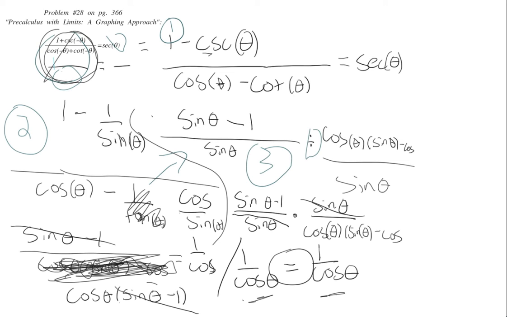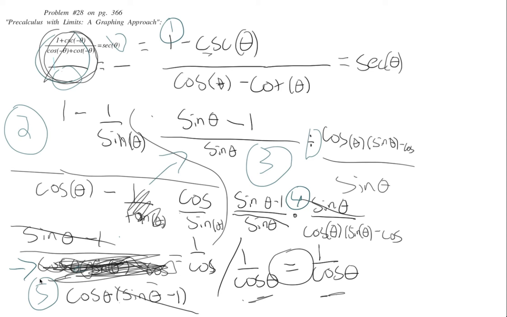Then we did the reciprocal because we're dividing, so we just multiply by the reciprocal, so that's step 4. Then we simplified this part by crossing off the top from the bottom because they both had the same thing, so that's step 5.